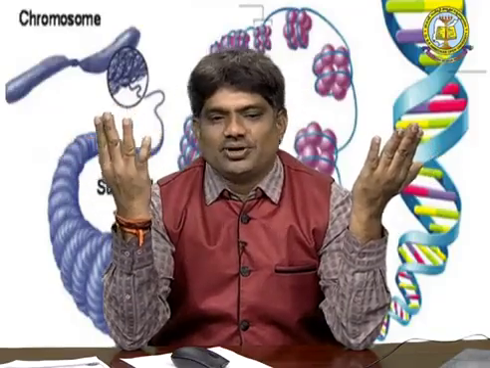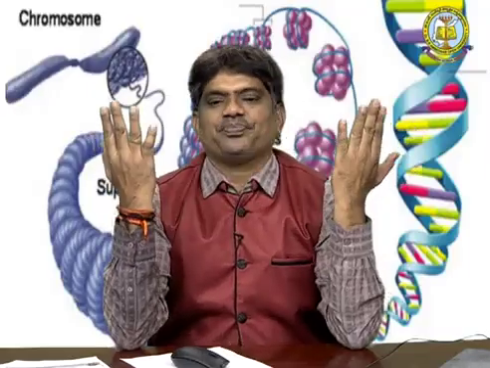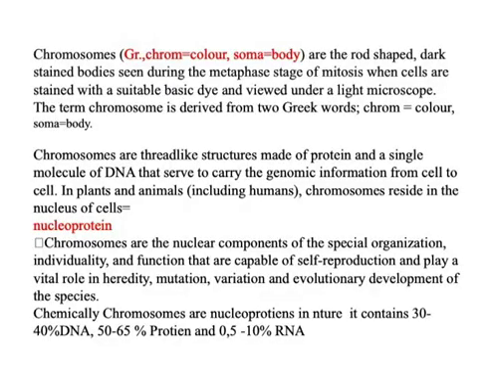They have self-replication and play a vital role in heredity, mutation, variation and evolution of the species. As I already told you, 30 to 40% is DNA, 50 to 65% is protein, and 10% is RNA.